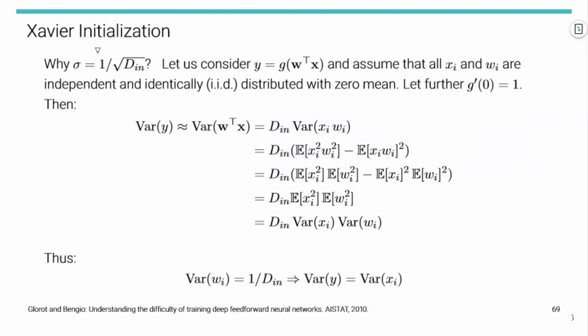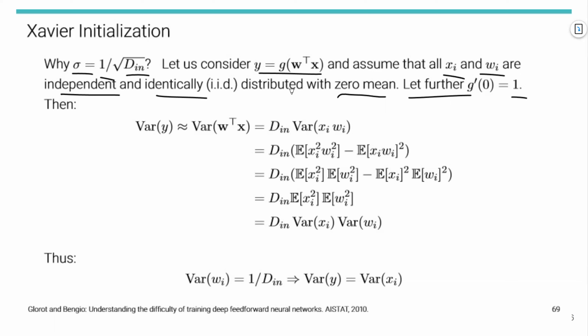By the way, why should we set sigma as 1 divided by the square root of d in? Let's consider this simple example. Let's assume that all xi and wi are independent and identically distributed, IID, with zero mean. And let's further assume that g prime 0 equals 1.